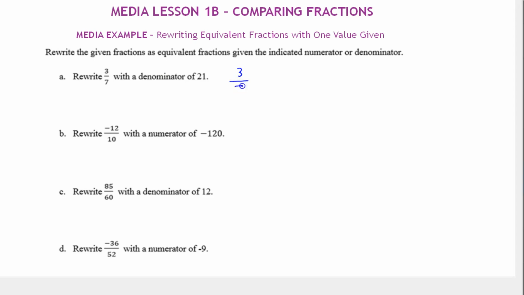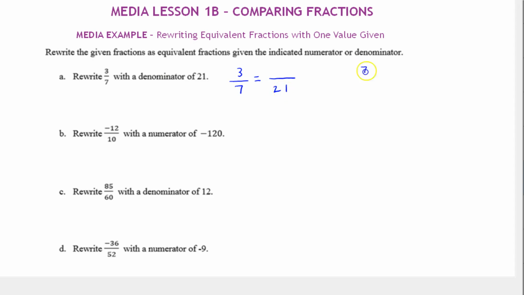So we want to write 3/7 as some number over 21. So they gave us a denominator of 21. So now, thinking of the cutting idea, we had 7 pieces in our original fraction and we want 21 pieces.